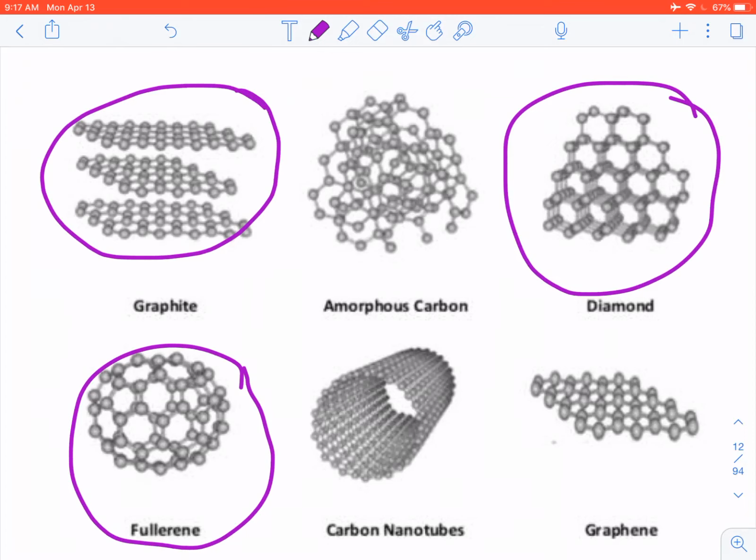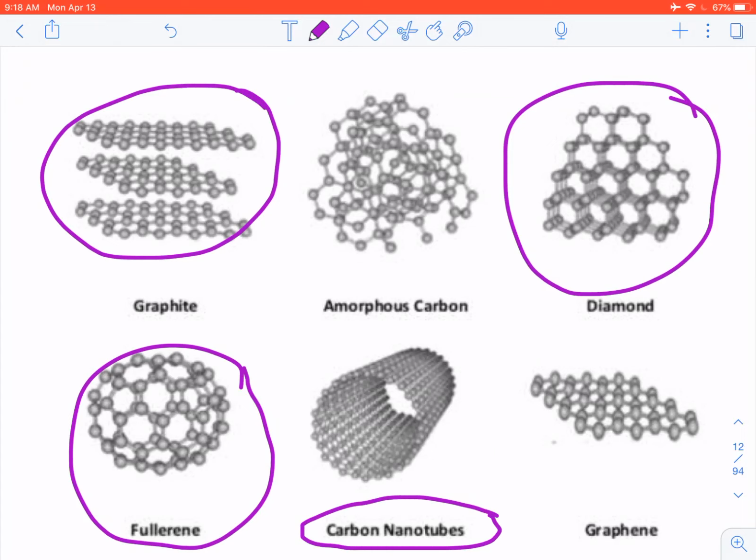Diamond and graphite are regarded as network covalent solids, but fullerene is regarded as a molecular solid, since these molecules are discrete entities within the molecular solid. And then we also have nanotubes, and currently there's a lot of research about carbon nanotubes and how they can be used in electrical systems and in medicine as well.